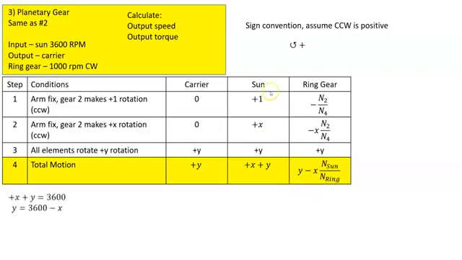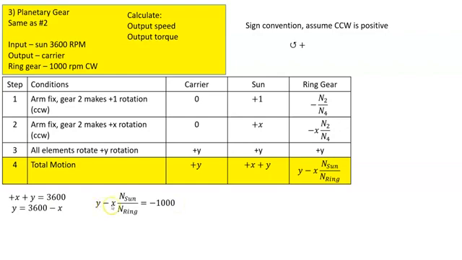Let's start with our sun, which is x plus y. Since that's the input, we know that's 3600 RPM, so we put that in terms of y, what the carrier is doing: y is 3600 minus x. Now for the ring gear, we use this equation, and we know it's going at 1000 RPM clockwise, or negative.